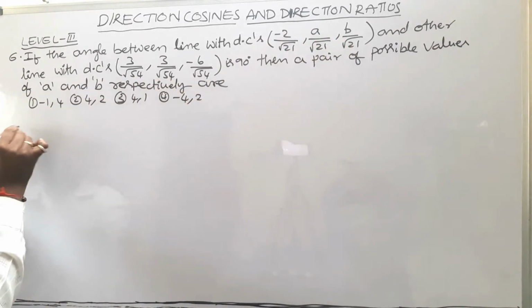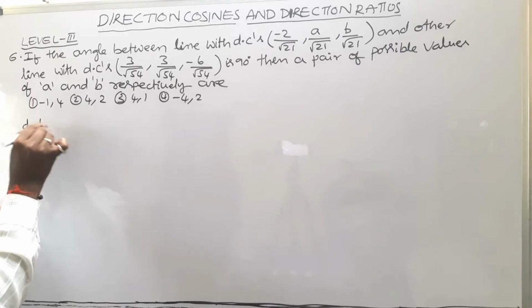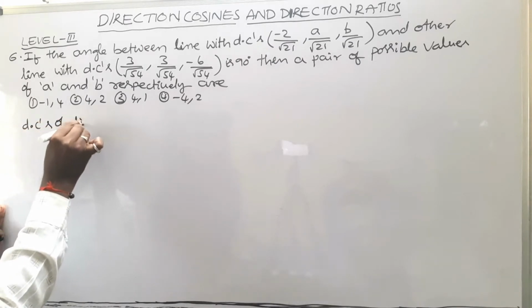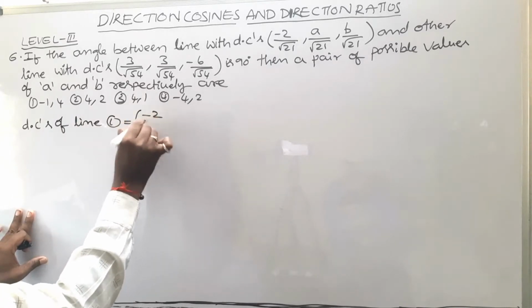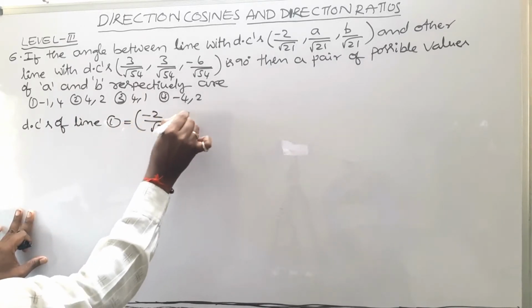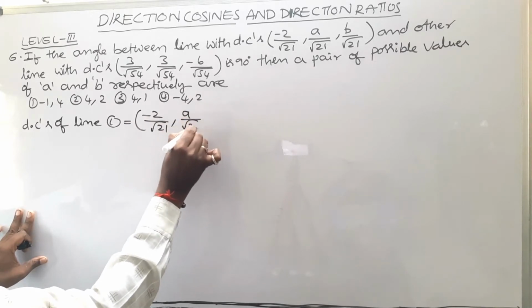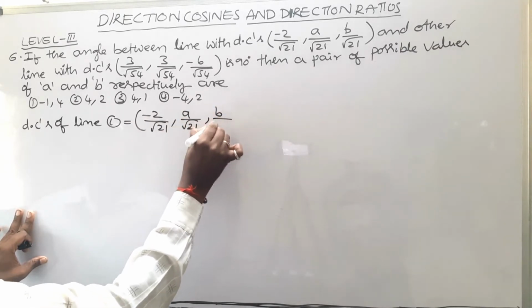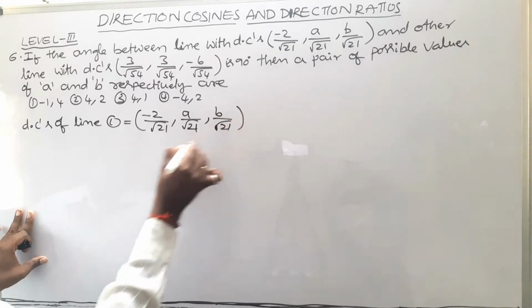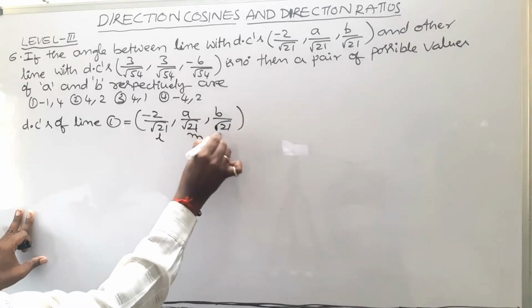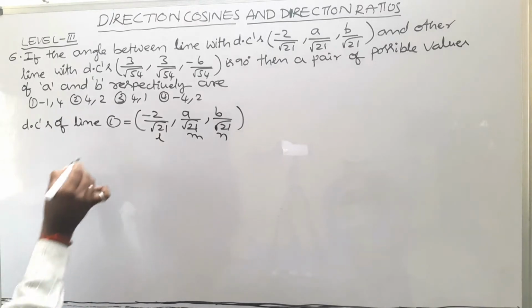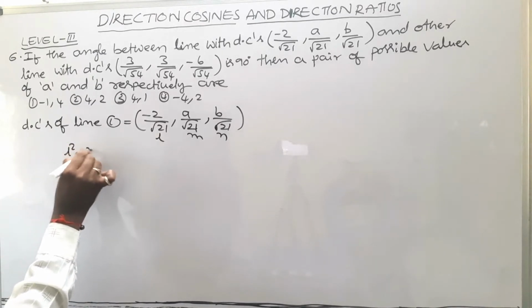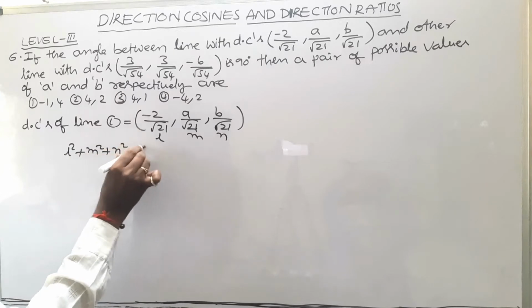First line, DCs of line 1: minus 2 by root 21, A by root 21, B by root 21. Here these are L, M, N. If the given numbers are DCs, then the condition is L square plus M square plus N square equal to 1.